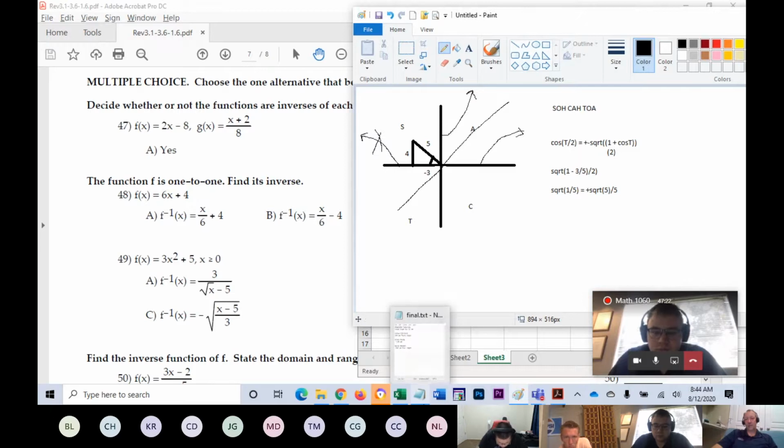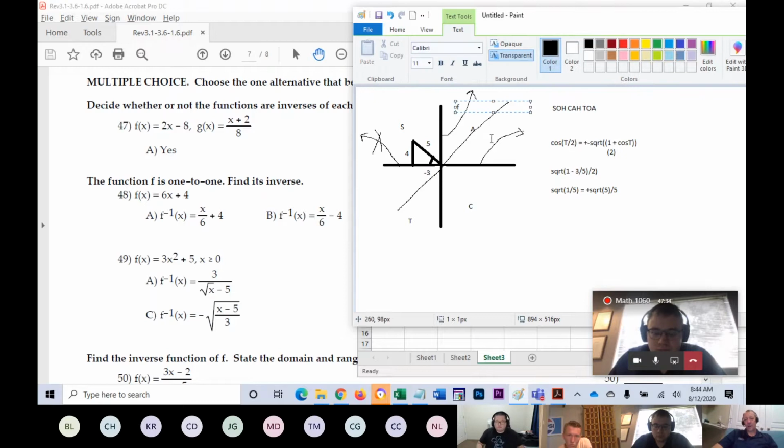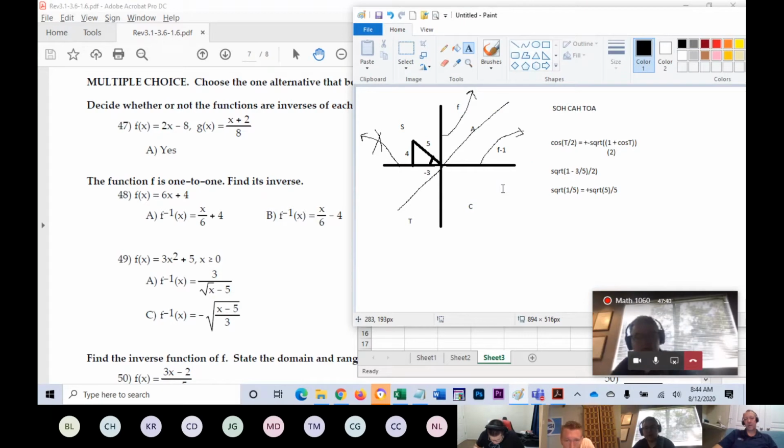We don't want that piece. And so does that make sense? So basically this is f, this is f inverse. Yeah, that makes sense. Okay.